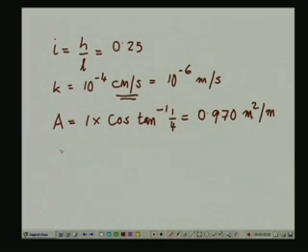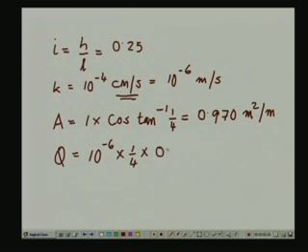Okay, so then the problem is simple. The volumetric flow Q is going to be given by 10 to the power minus 6 meter per second multiplied by the hydraulic gradient, times the cross sectional area of flow.